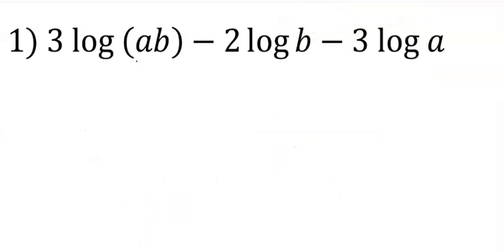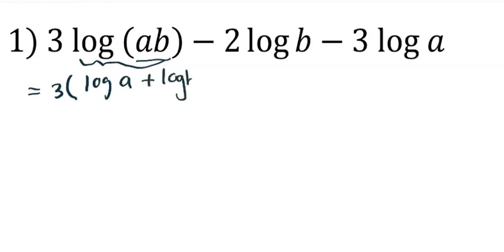We have a product, so let us first look at this part. The 3, we just keep it separate. So that log, in this case there is no base, so we assume it's base 10, but it won't change the question if all of them were to the same base, plus log b, minus the rest stays the same.